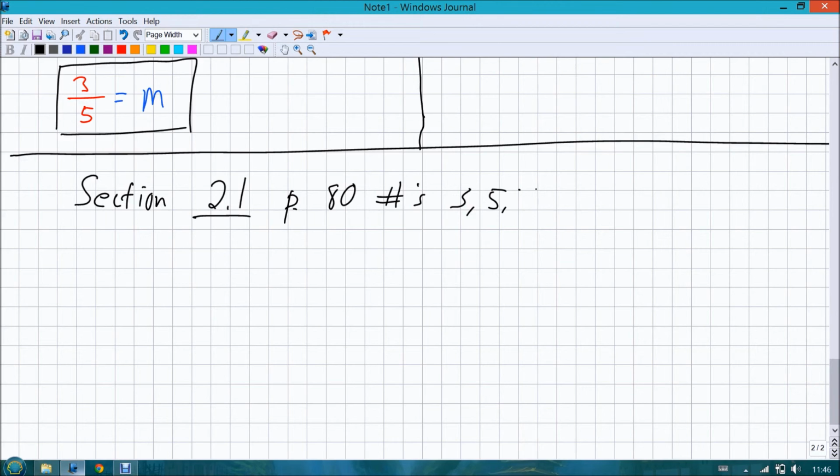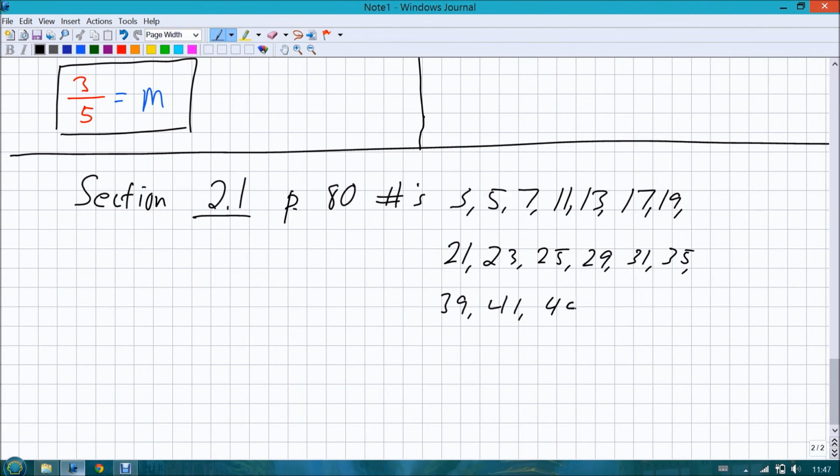3, 5, 7, 11, 13, 17, 19, 21, 23, 25, 29, 31, 35, 39, 41, 44, 45, 47, 49, and then some good practice that we need to work on.